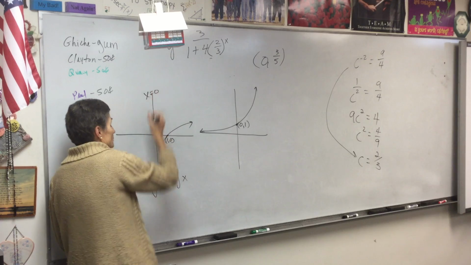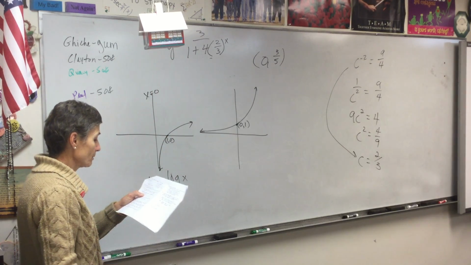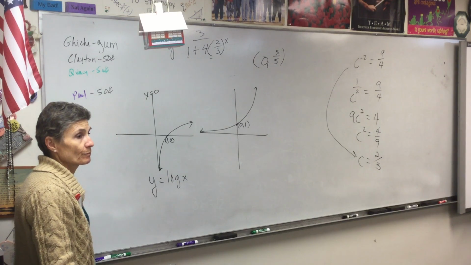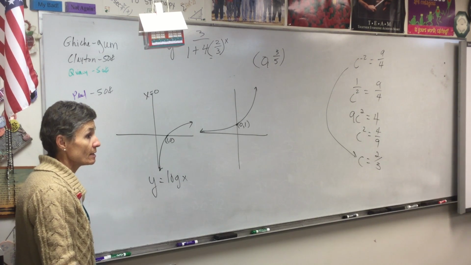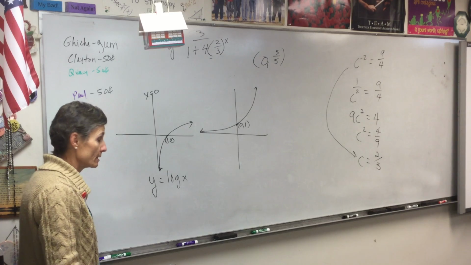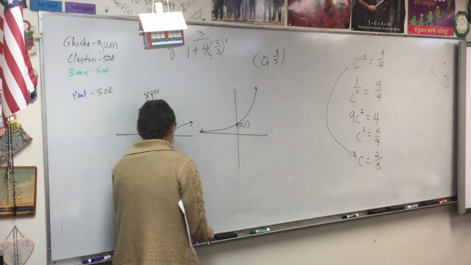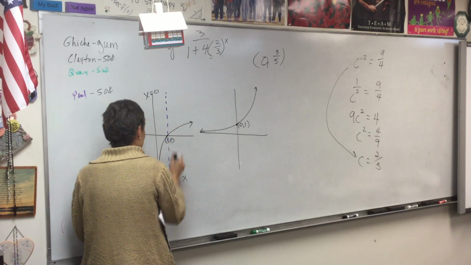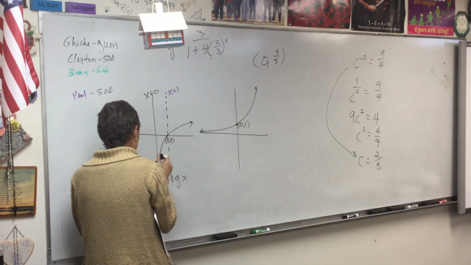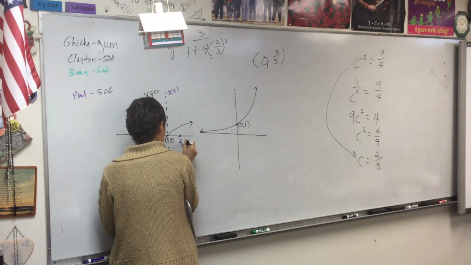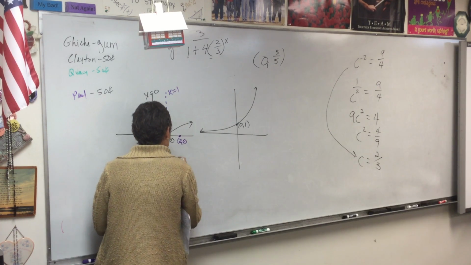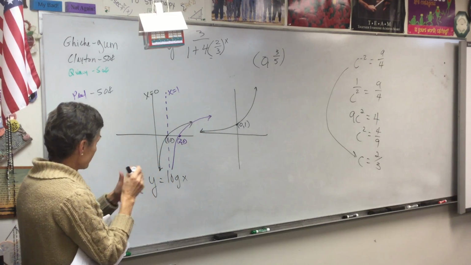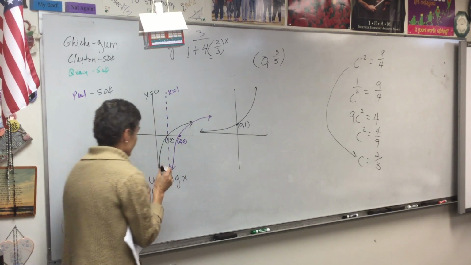And where's my asymptote? X equals 0. Now, look at problem 3a. What are you doing to this picture? Moving it to the right 1. So the asymptote moves over, the intercept moves over, and the curve moves over. So there's a picture of it.